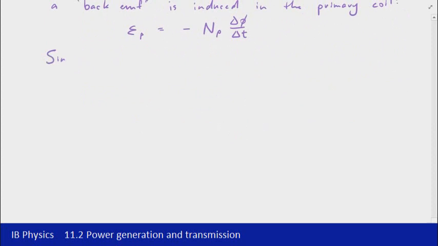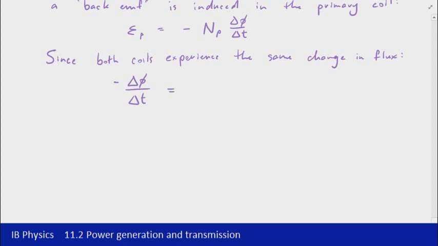Since both experience that same change in flux, negative delta phi on delta t is then equal to the EMF in the primary coil divided by the number of turns in the primary coil, and that's also equal to the EMF in the secondary coil divided by the number of turns in the secondary coil.